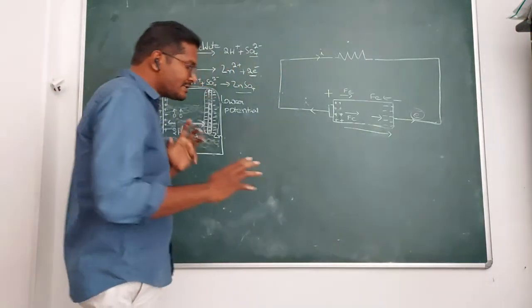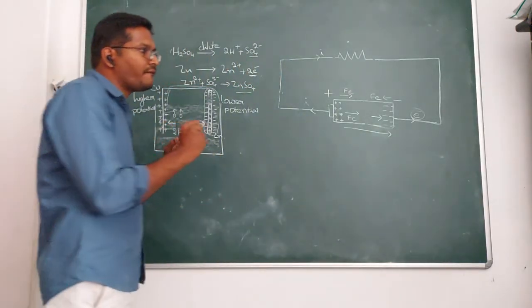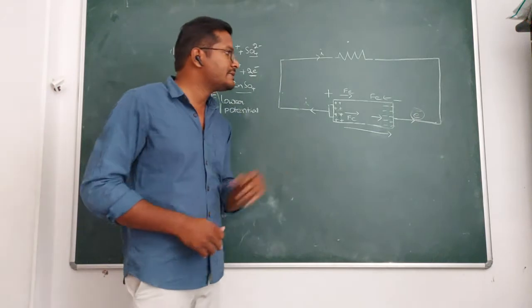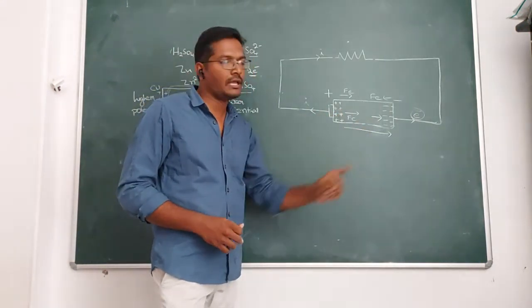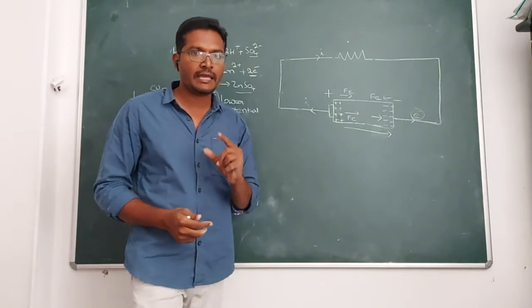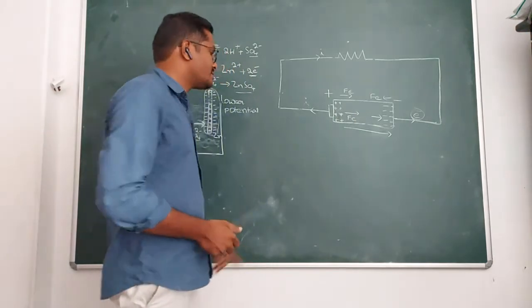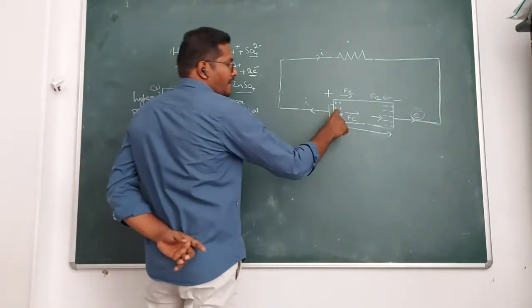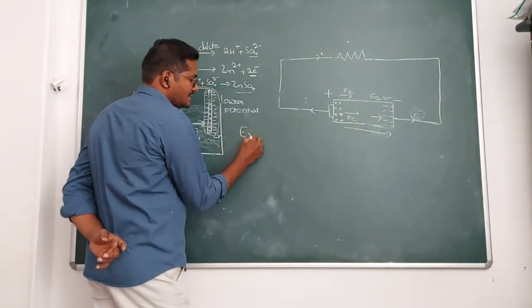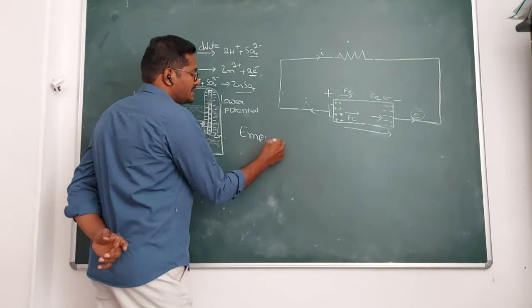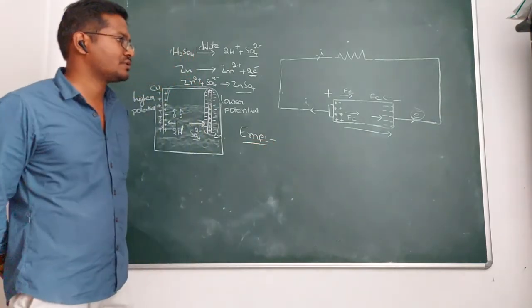So here inside the battery, who is doing the work to move the electron? Inside the battery, in order to move the electron from here to here, who is doing the work? A chemical is doing the work. So that work done in moving an electron is the EMF. This is said to be the EMF, which is called electromotive force.